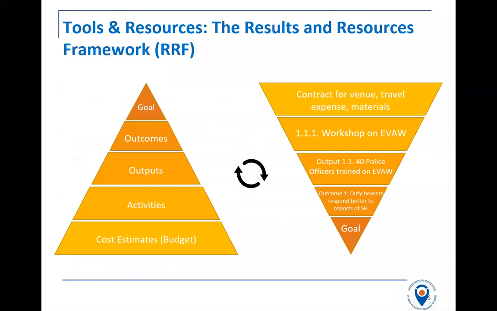The results framework does this for you, but it's important when you're tracking your expenses that you always link that expense to an activity. In reality, this means, for example, when you receive an invoice or a payment voucher or a receipt, that you mark on that receipt or invoice the activity in the results framework it's linked to, so that you can always identify what that payment is linked to.